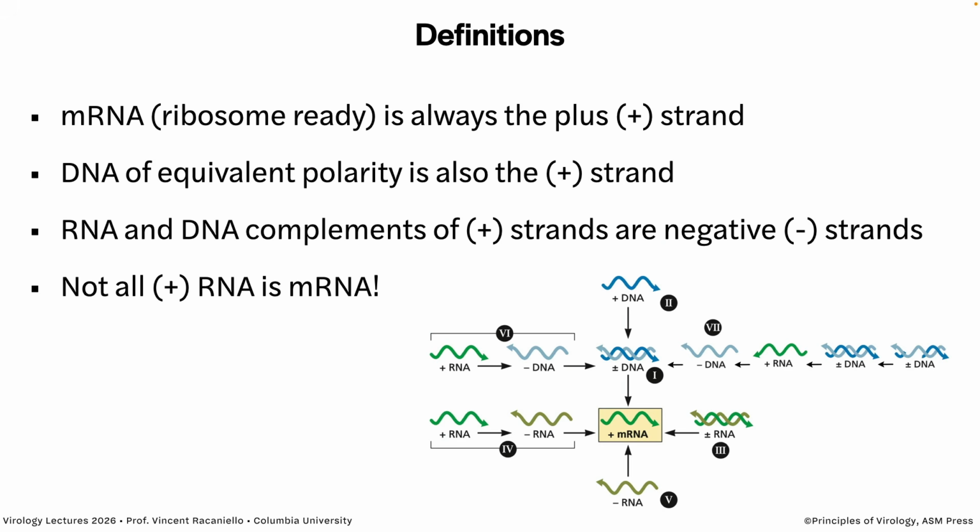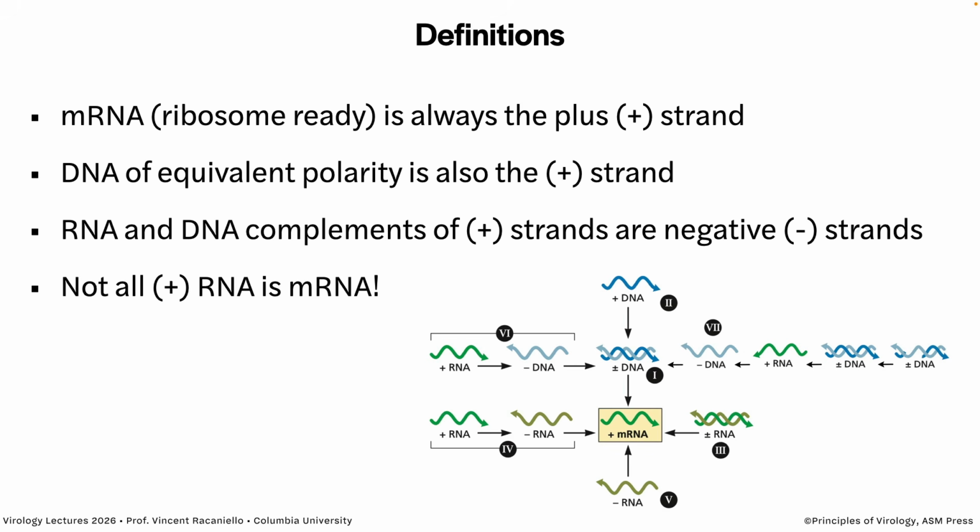Now, a couple of definitions before we go further. First, we use plus and minus in a very specific way. mRNA is the plus strand, and it's just a convention. It has nothing to do with electrical charge or anything else. It's just, that's the convention. And so the DNA of equivalent polarity would be called the plus strand as well.